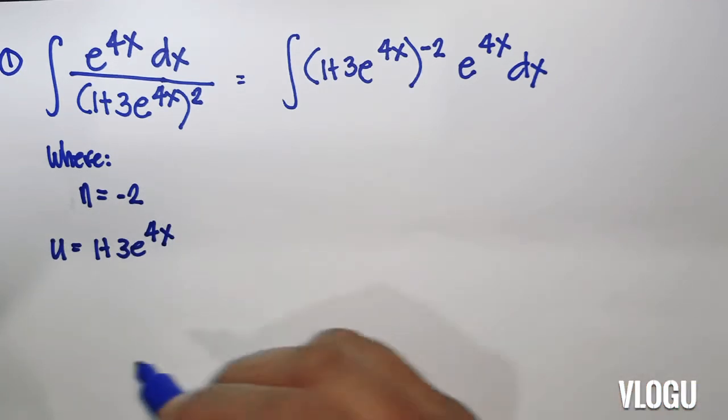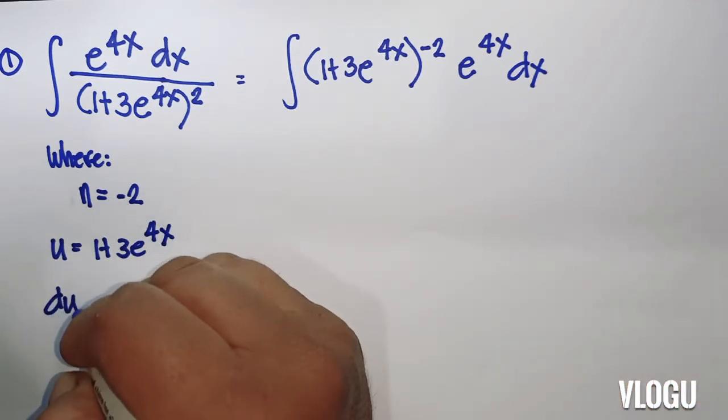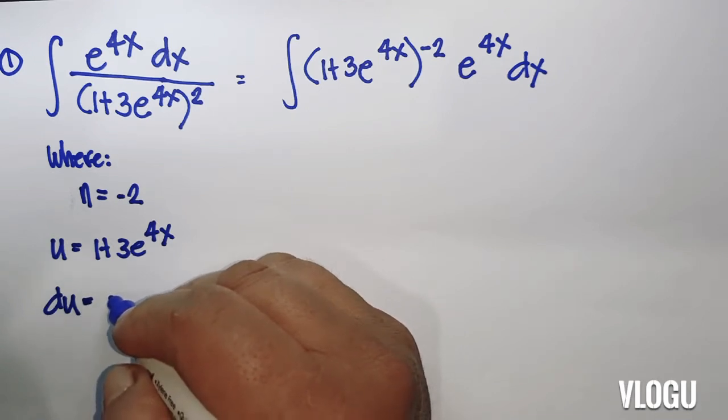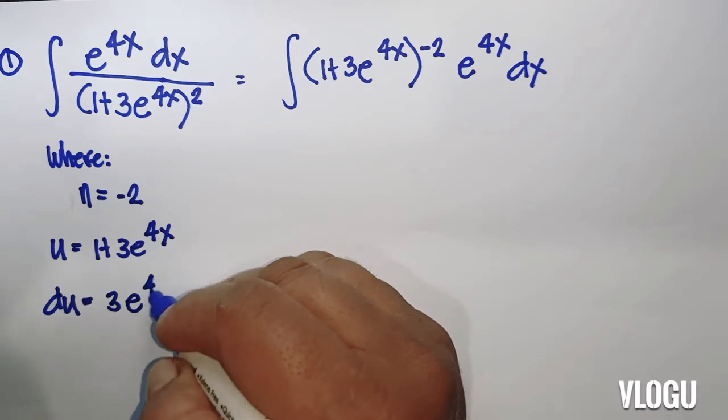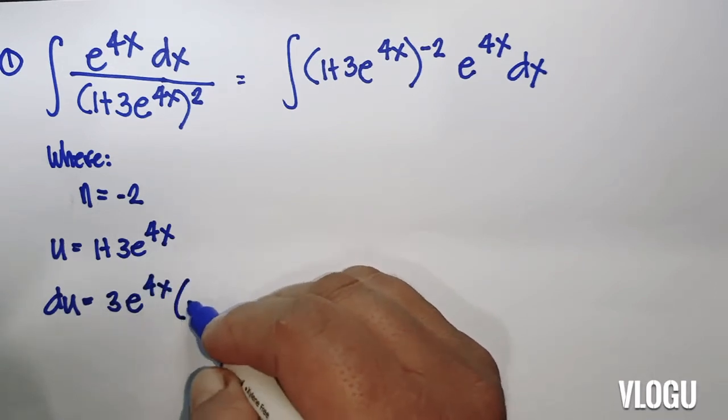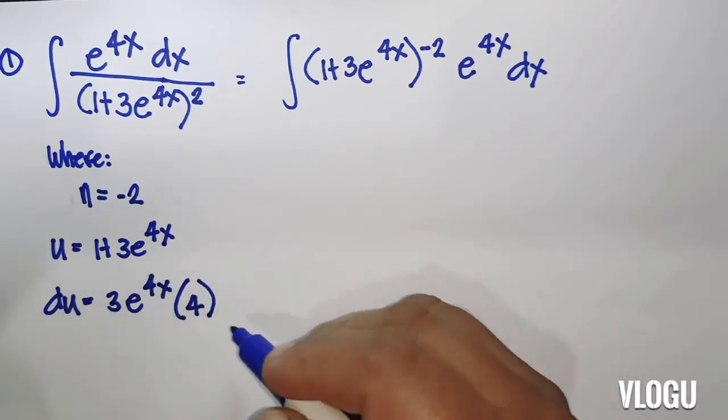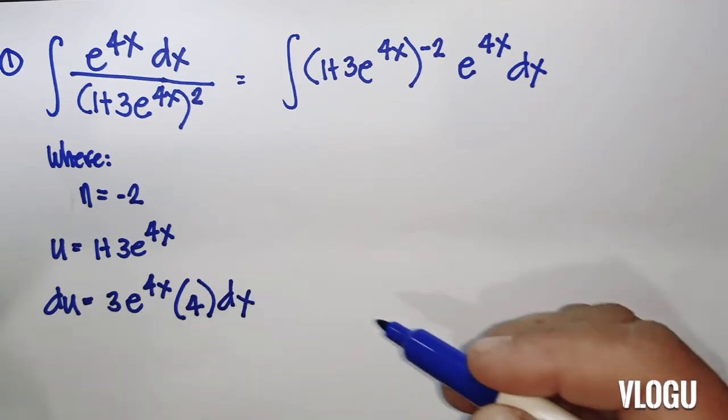Then our du would be equal to 3e to the 4x times 4 dx.